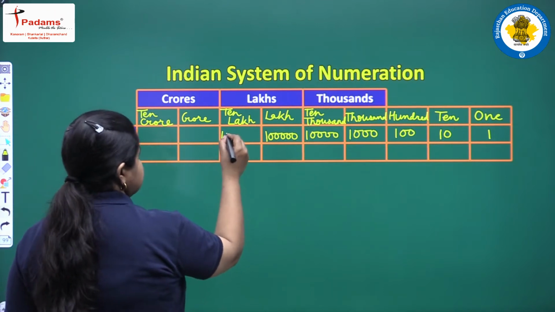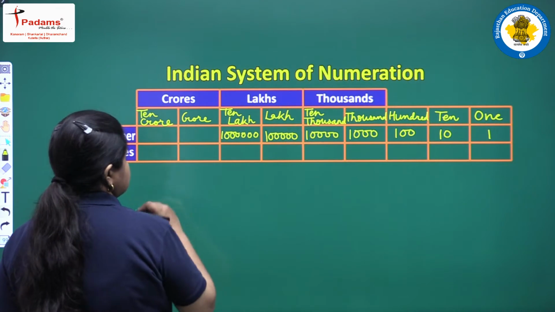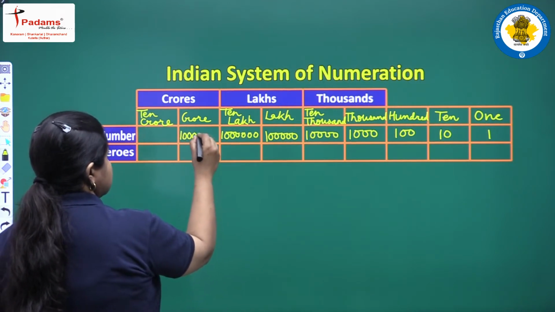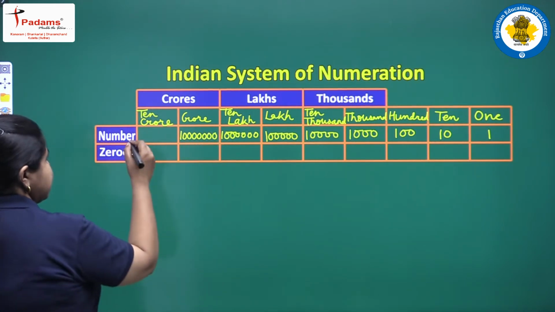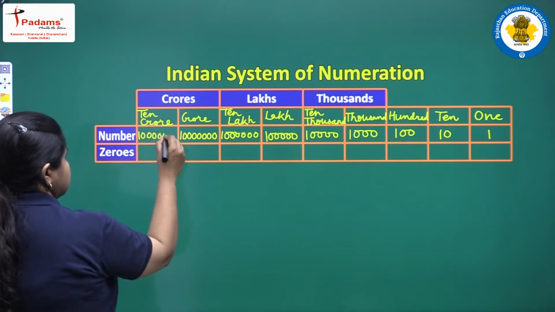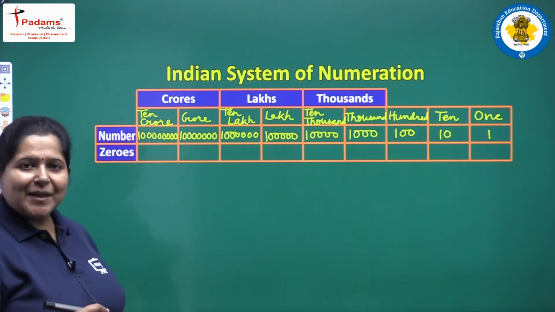Then 10 lakh, then we have a crore with 7 zeros, and then 10 crores. So these are the numbers.